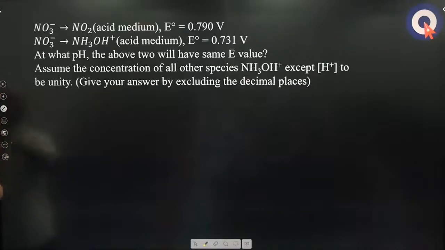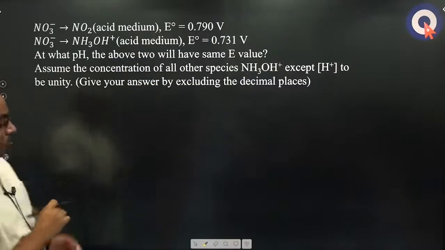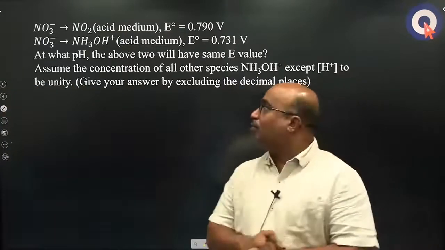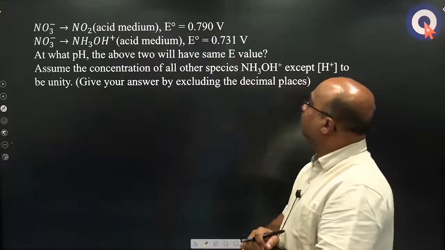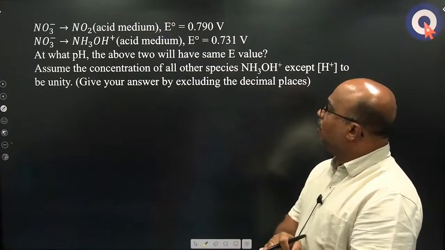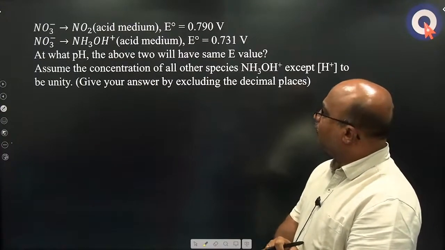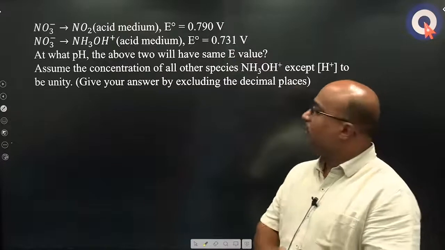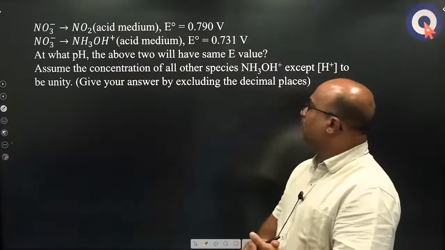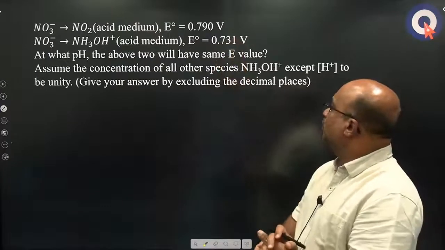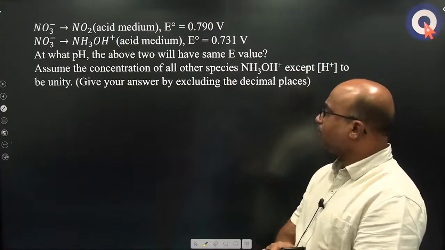Next. NO3⁻ is converted into NO2 in the acidic medium with an E naught of 0.790, and NO3⁻ to NH3OH⁺ in acidic medium, and potential values are given. At what pH above 2 will they have the same E value?